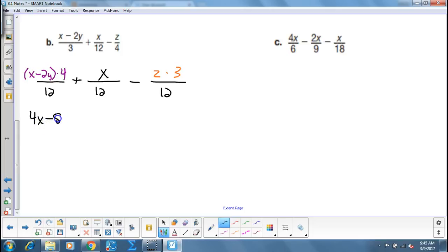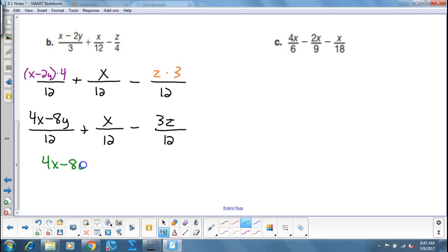Okay. So this becomes then 4x minus 8y all over 12 plus x over 12 minus 3z over 12. Yes? So then that becomes 4x minus 8y plus x minus 3z all over 12.